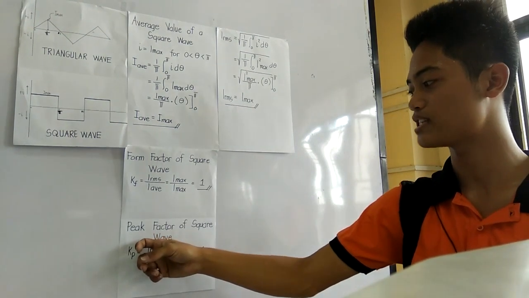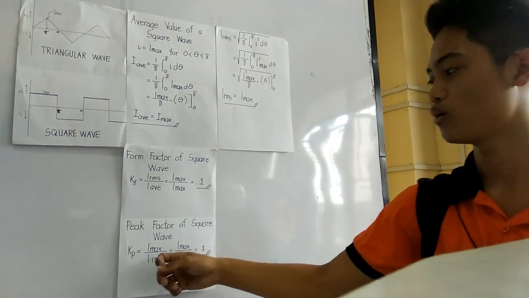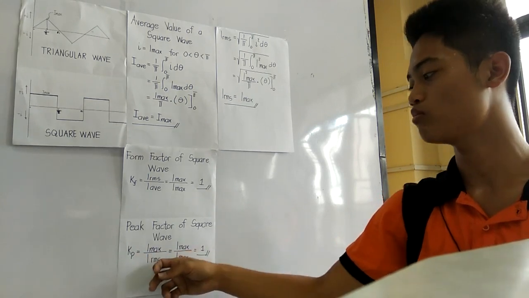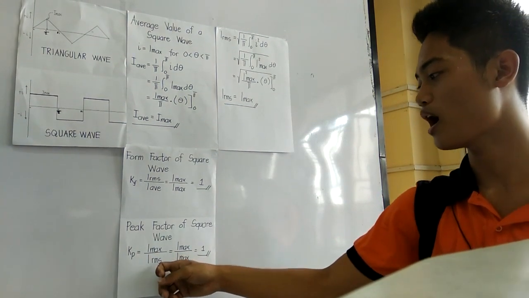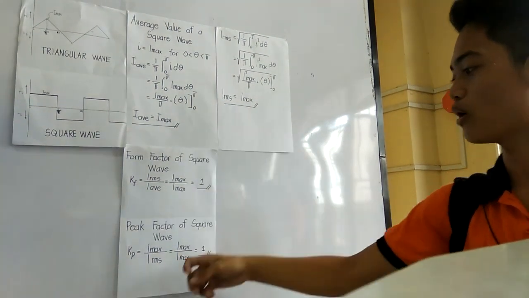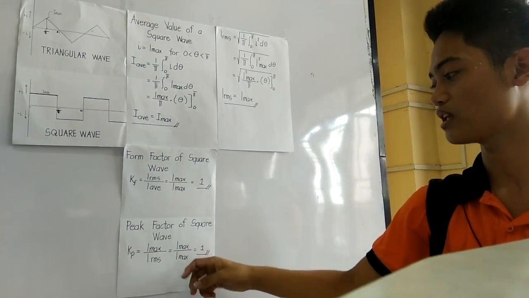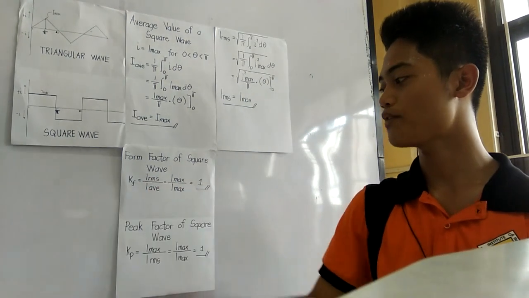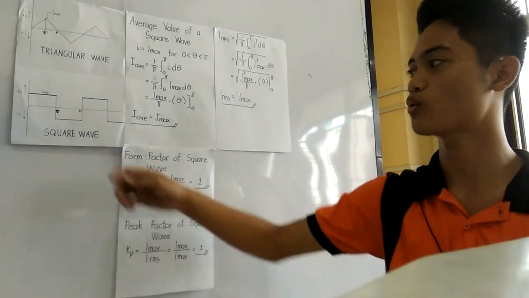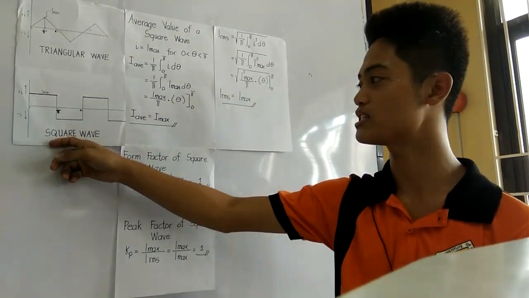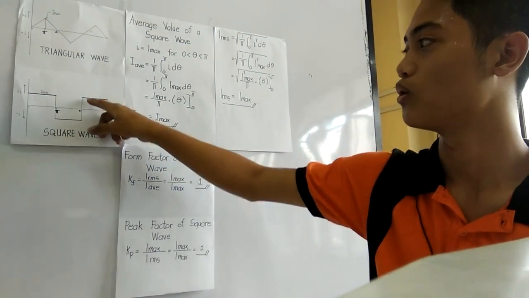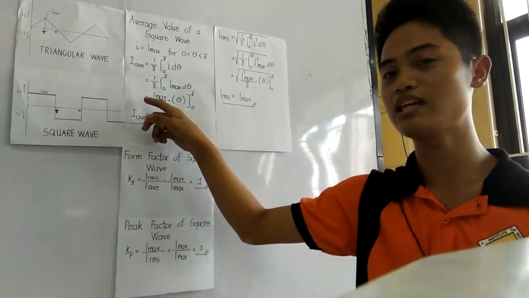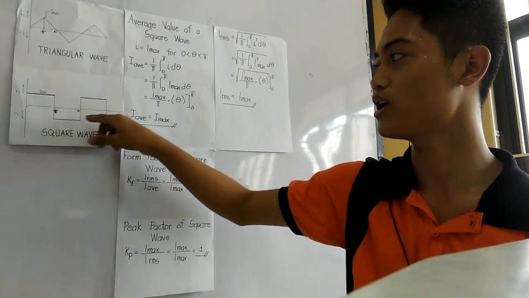Lastly is the peak factor of a square wave, which is given in the ratio of I maximum over I RMS, where our I RMS is equal to our I maximum and cancel equals 1. So therefore, the form factor and peak factor of a square wave is 1, and we can see in a graph it is like a DC but lags periodically.